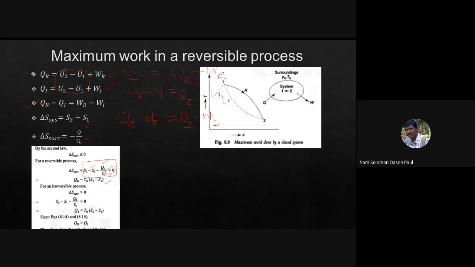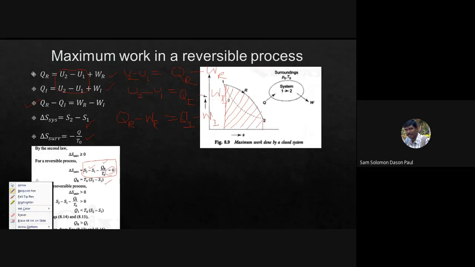And you can infer that from the graph. What is the area under the curve of the reversible path? This entire region is the area under the curve for the reversible path. And what is the area under the curve for the irreversible path?